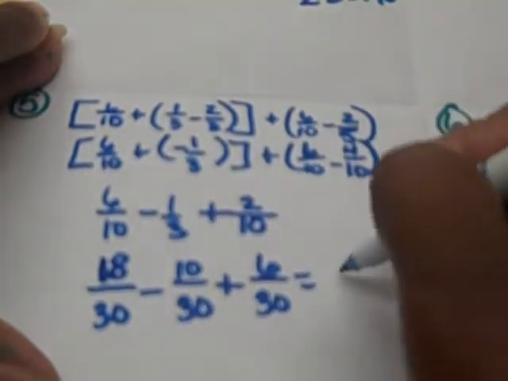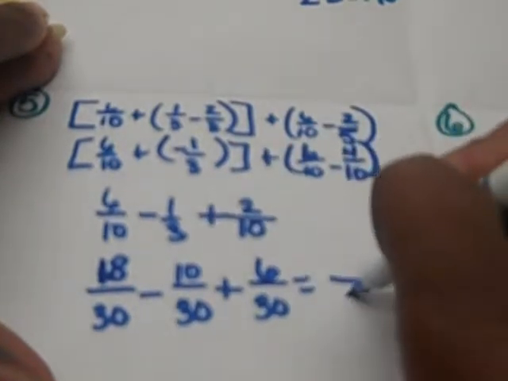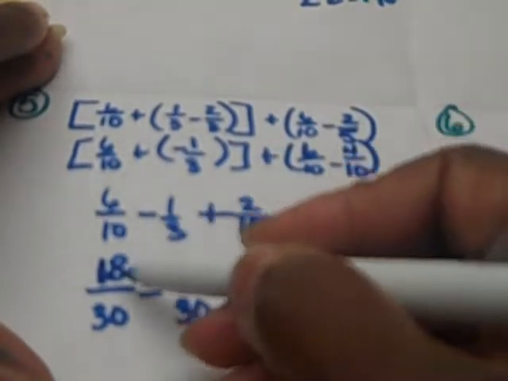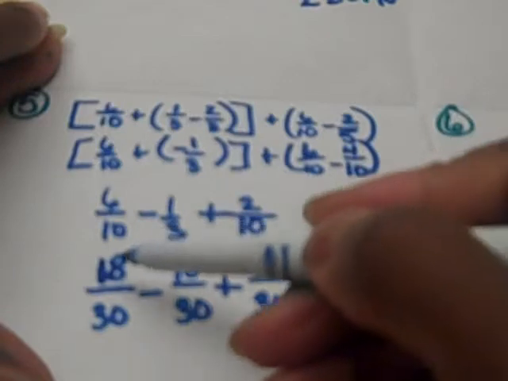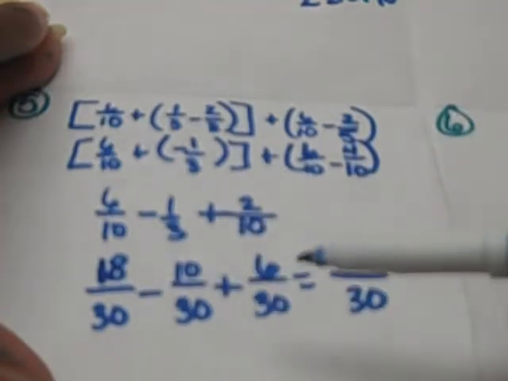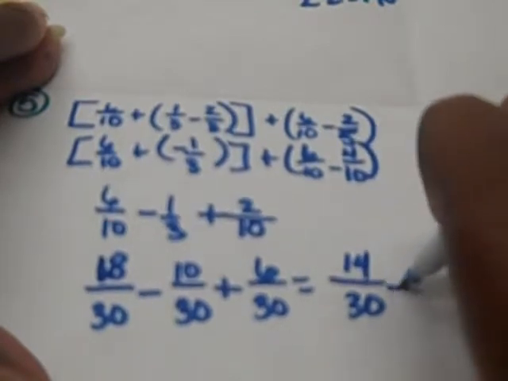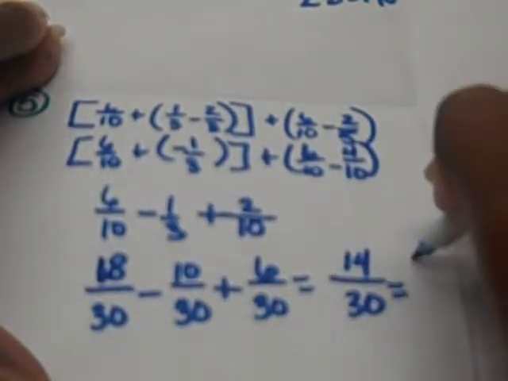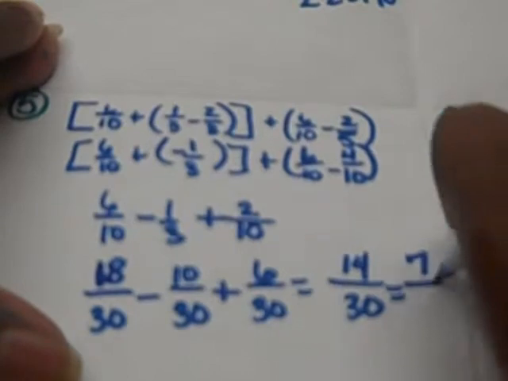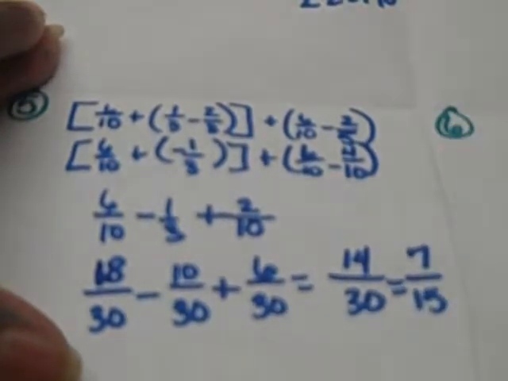Now, our denominators are the same, so I can place that here and just do the math across using the numerators. 18 minus 10 is 8. 8 plus 6 is 14. 14/30. And of course, I can reduce that. I can simplify that to 7/15.